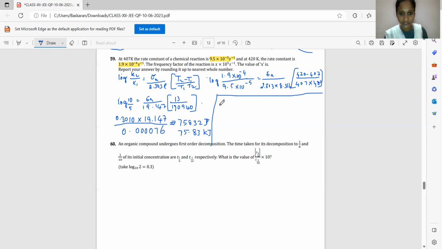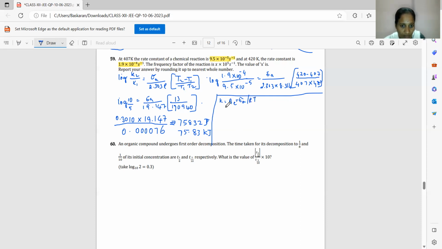So what we have to do, once again we have to take the formula, that is K is equal to A e to the power minus Ea by RT.